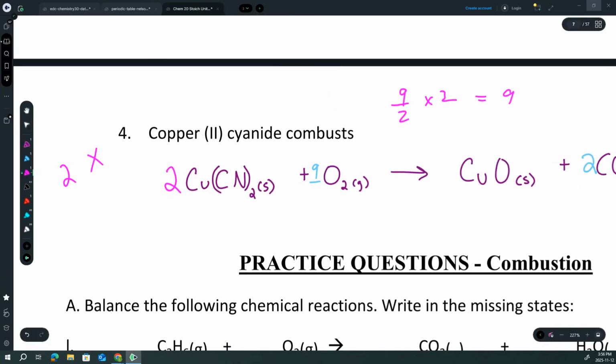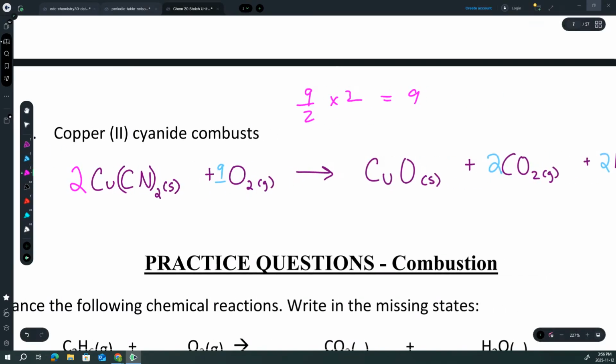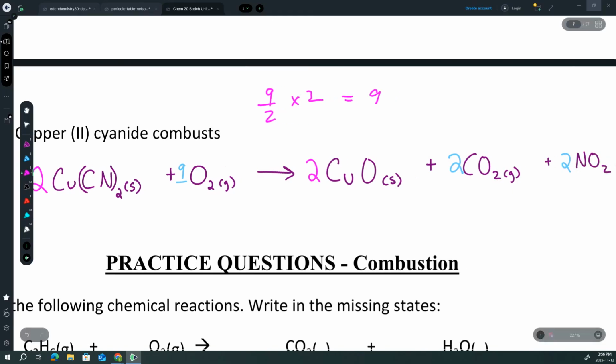Now the trick here with multiplying by 2 is you need to remember to multiply absolutely everything by 2. The problem that most students have is they remember to multiply by 2 maybe just for the reactants, but they completely forget about the products. So that's the tricky part about fixing your fraction. Sometimes it's hard to remember.